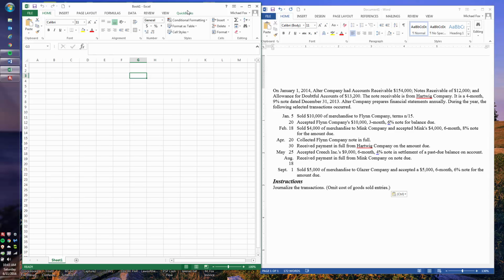Notes receivable occurred. And then it gives us a bunch of transactions, and then the instructions are to journalize the transactions.